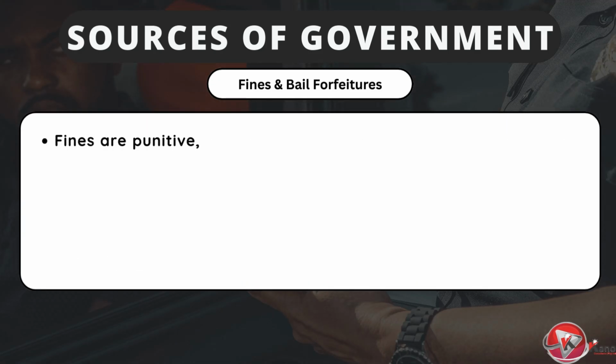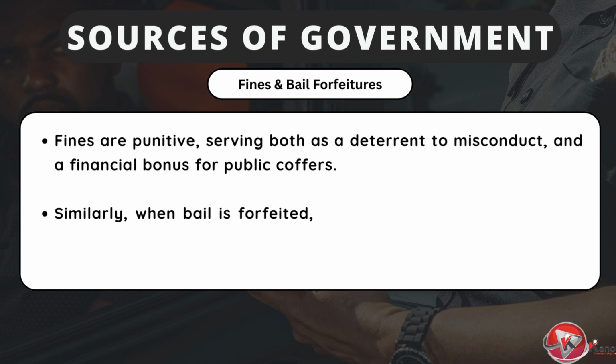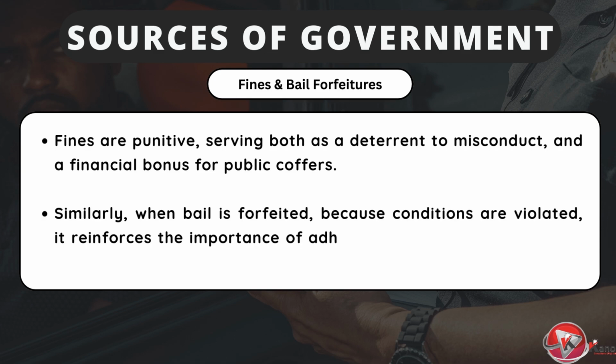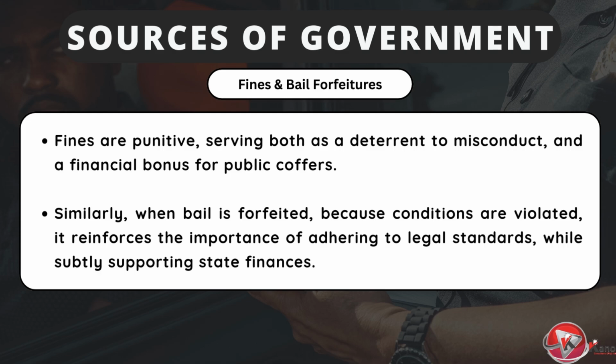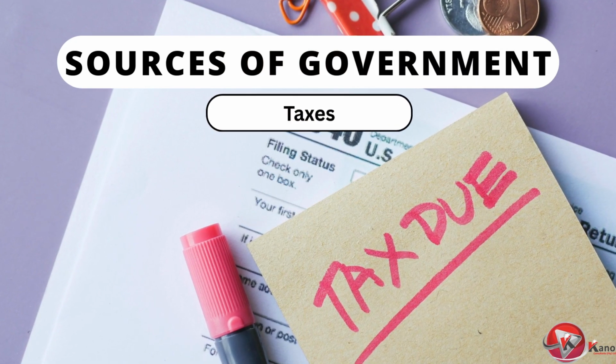Fines are punitive, serving both as a deterrent to any wrongdoing, as well as a financial bonus for public coffers. Similarly, when bail is forfeited, because conditions are violated, it reinforces the importance of adhering to legal standards, while subtly supporting state finances.